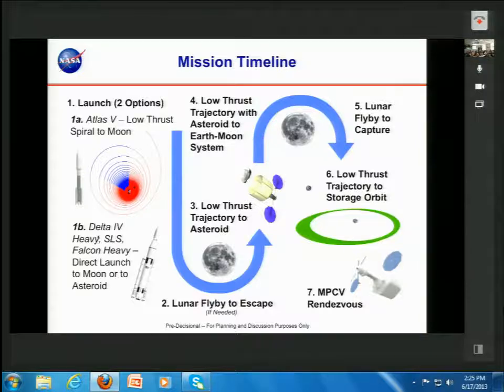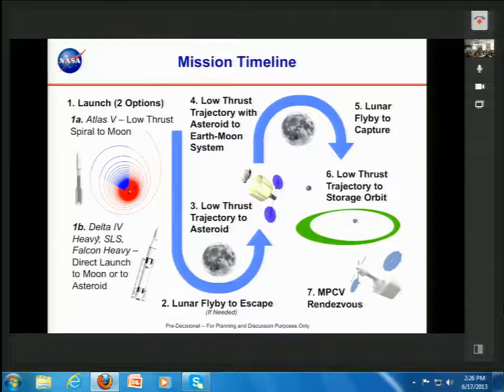With those vehicles, it's possible to directly launch the ARM spacecraft to the moon for a lunar escape, or even directly to the asteroid. This saves time, because the low thrust spiral can take a year and a half or so, and this allows us to spend more time redirecting the asteroid, which makes the redirection more efficient.